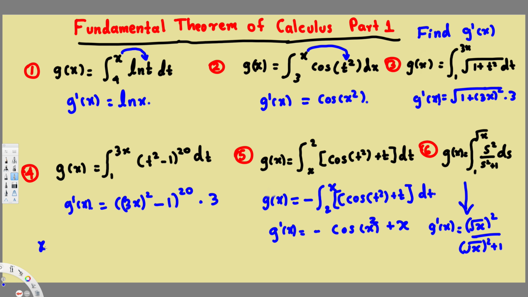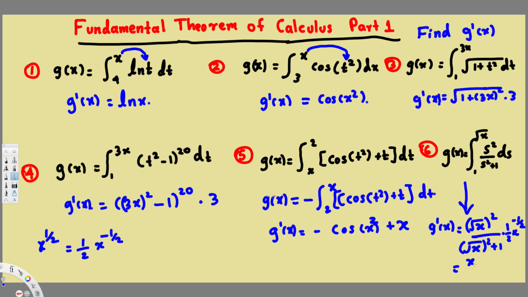We know that root x is the same as x to the power half. The derivative of this is half times x to the power minus half, because we multiply by this value and subtract 1 from the power. If you subtract 1 from half, that's negative half. So we multiply this by half times x to the power negative half, and we can simplify this.